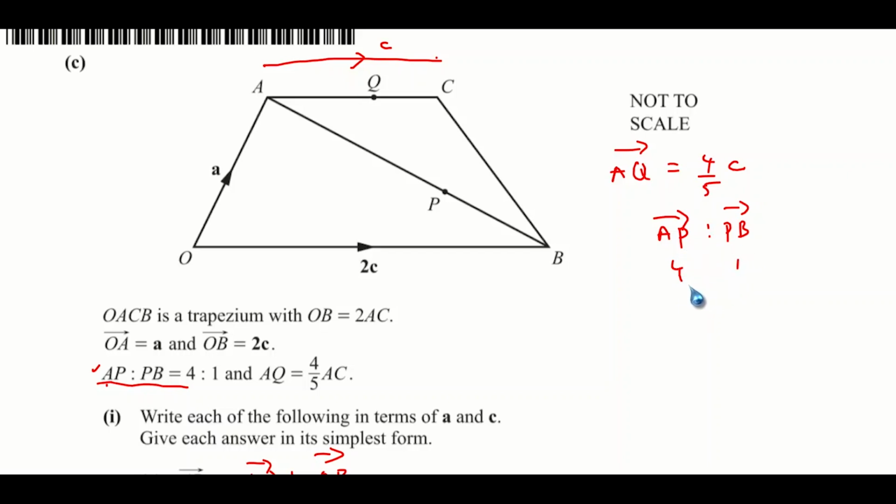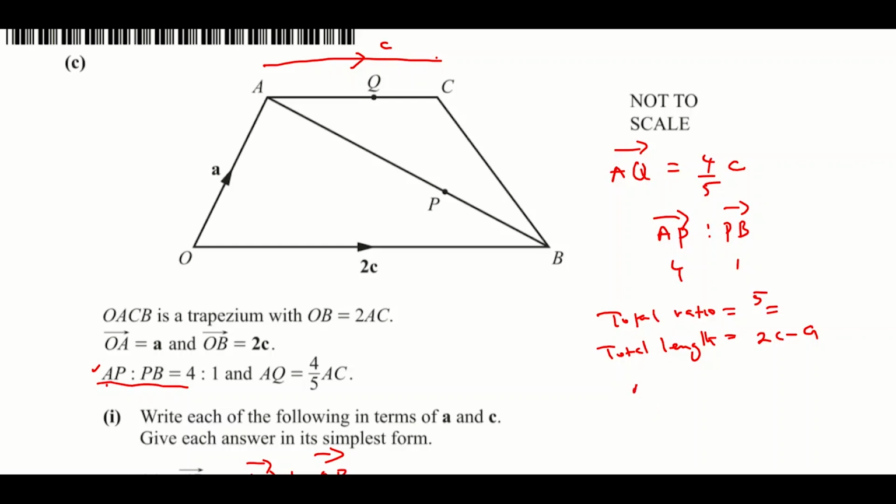The total ratio will be 4 add 1, that will be 5. They are sharing the total length, that will be AB, and we found that to be 2C minus A. So we can now get AP.